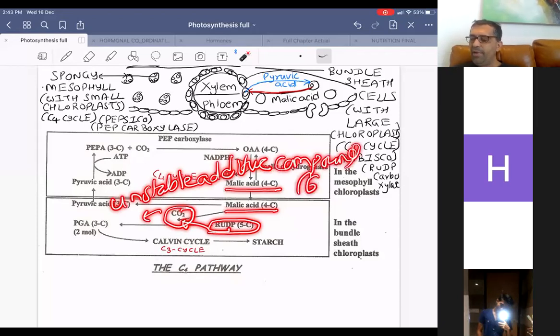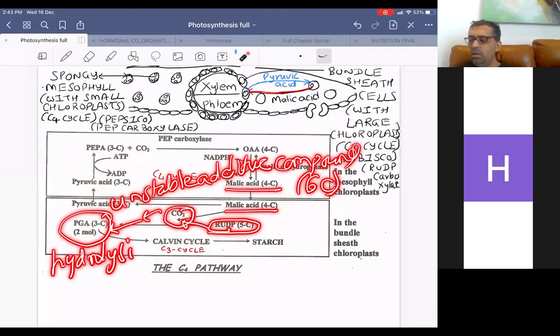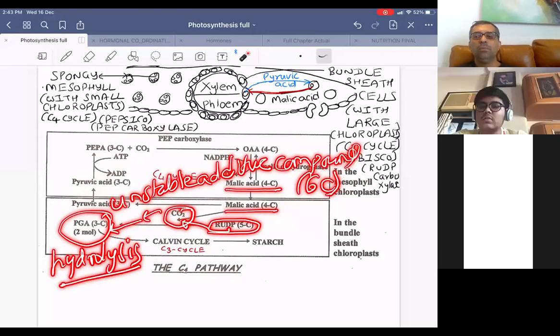And the unstable additive compound breaks down to form 2 molecules of PGA by hydrolysis, like we have done for the C3 pathway. Clear, beta? Understood. Yes, sir. Yeah. Okay.